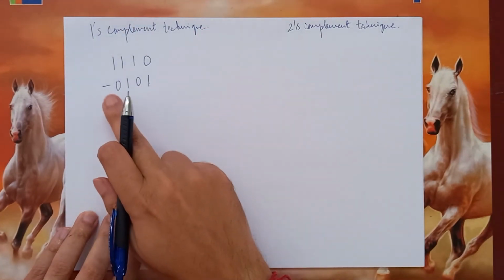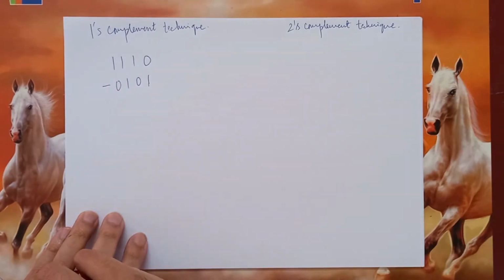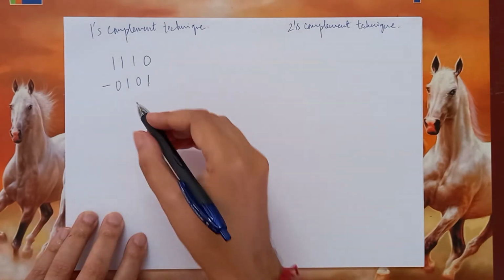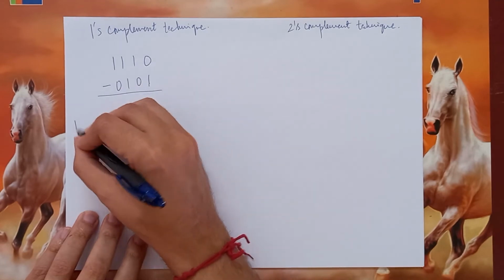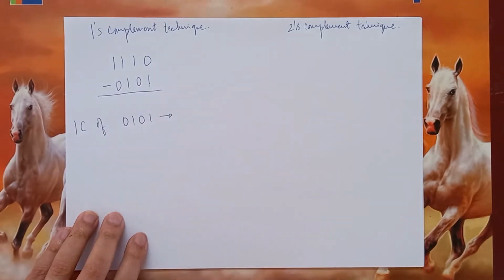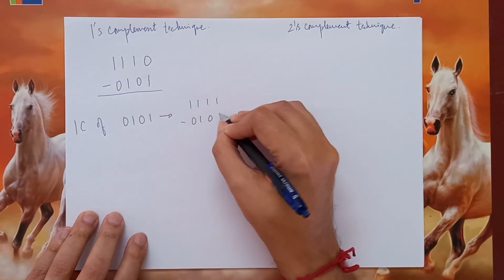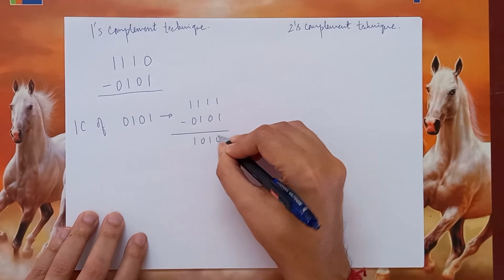So what I will do, I will take the second number and subtract it from the largest possible 4-bit binary number. So I will say the 1's complement of 0101 is what? It is 1111 minus 0101, which is 1010.